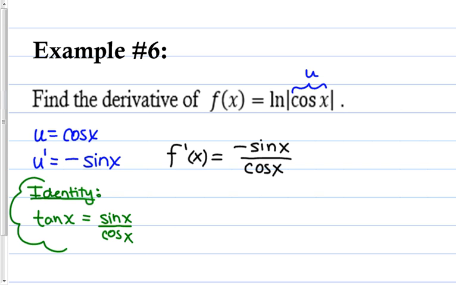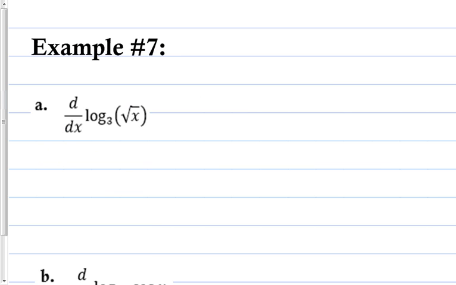And in this problem, I ended up with a sine over cosine. Granted, it's negative, but no big deal. So I have negative tangent of x. Okay, there you go. Next, example 7. This is a two-parter.